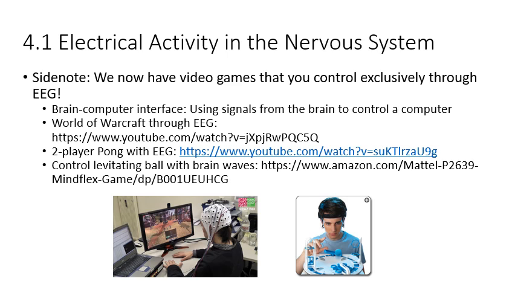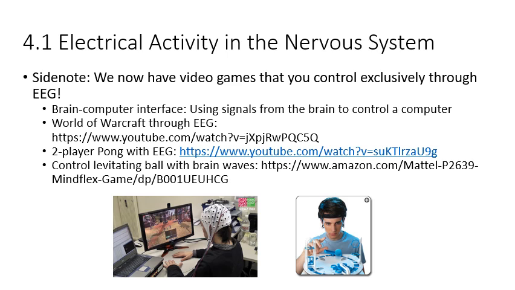So there are some really basic EEG caps or sensors that you can buy, connected to your brain. There's a game you can buy on Amazon where you control a levitating ball with your alpha waves.